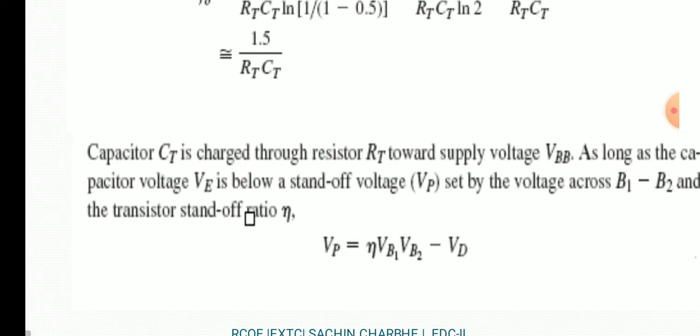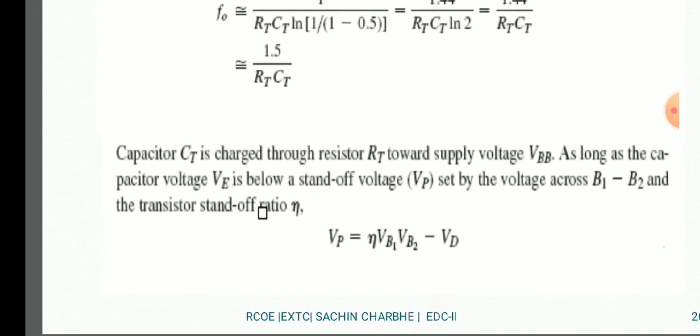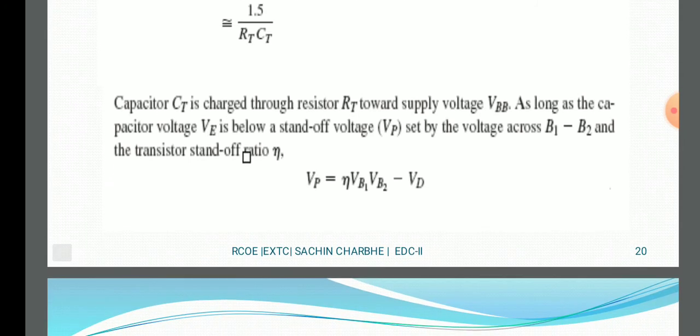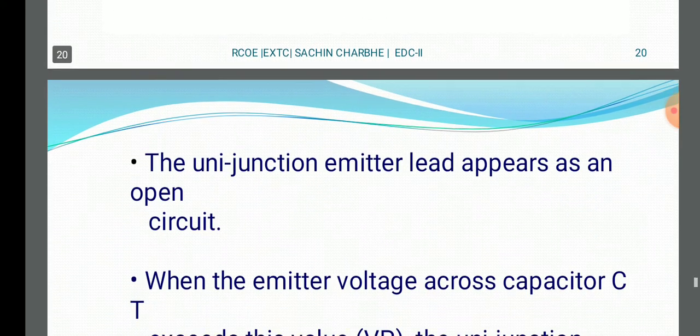The capacitor CT is charged through the resistor RT towards the supply voltage VBB, as long as the capacitor voltage is below the stand-off voltage VP, set by the voltage across B1 and B2 and the transistor stand-off ratio, that is VP equals eta times (VB1 minus VB2) plus the diode voltage VD.